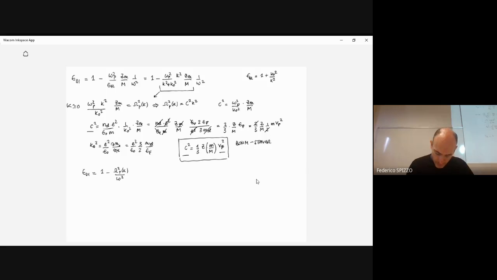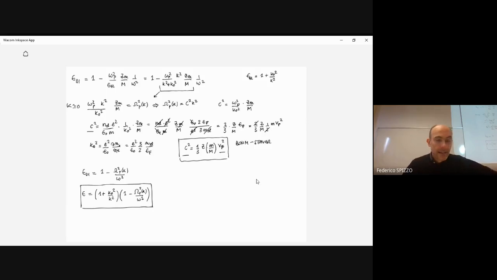So we have the opportunity to write down the full permittivity of the system, that is the permittivity of the electrons times the permittivity of the dressed ions. This is the full expression of the relative permittivity of the system in this long wavelength, or small k values, approximation.